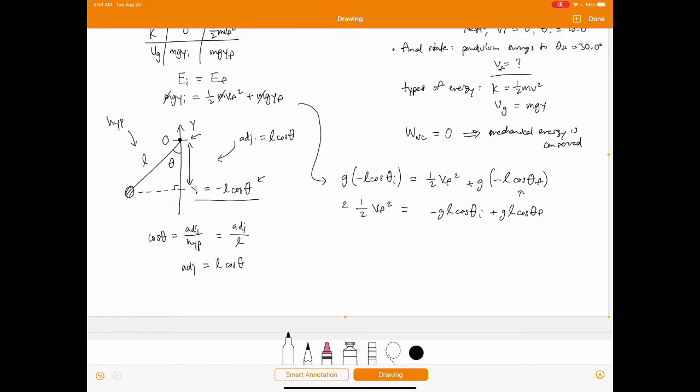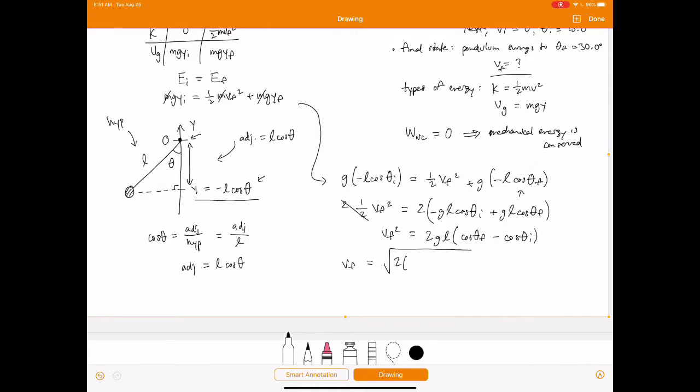And then if I multiply by 2 on both sides, I'll get that v final squared is equal to 2. We have a factor of g and L in both of those terms, so we'll pull that out. And then I have cosine theta final minus cosine theta initial. And of course, I just need to take the square root of that to get the speed.